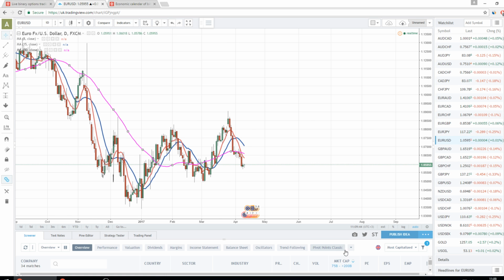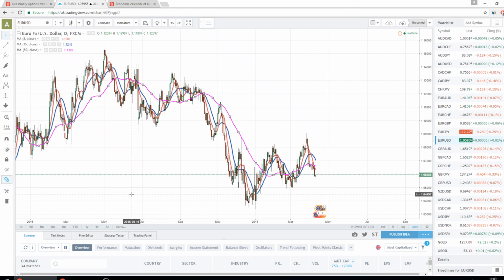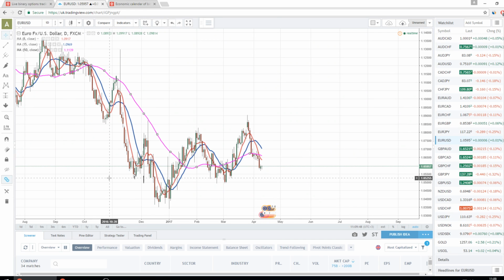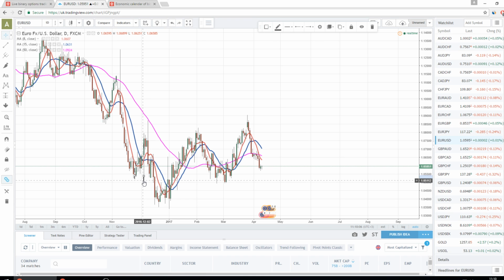Right now we have three moving averages on this chart. One of them is pretty smooth. Two of them follow the current changes of the price, so they react to the jumps of the market, and partially they can be influenced by the noise that we have.